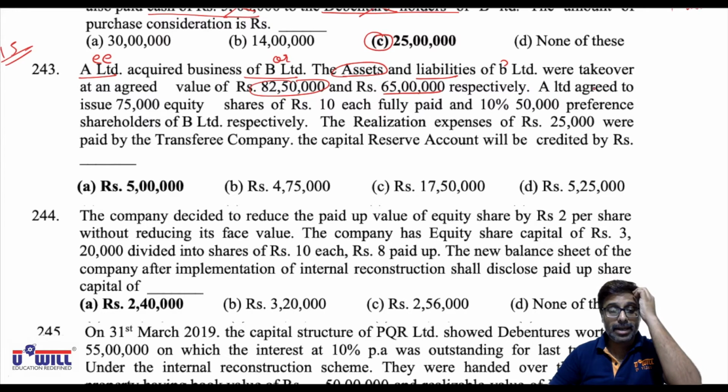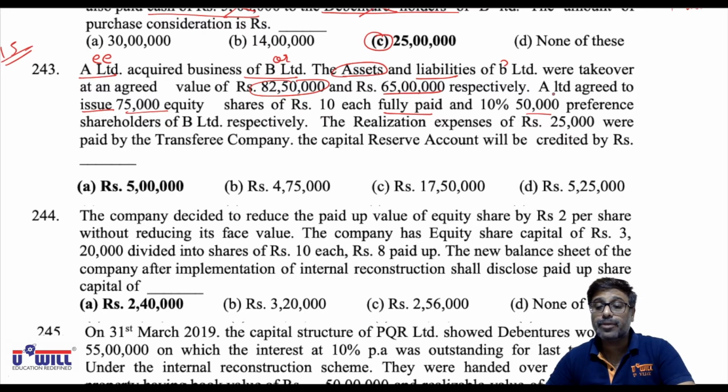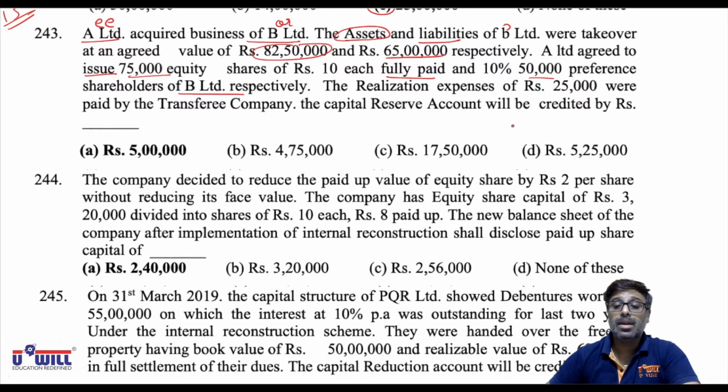A Limited agreed to issue 75,000 equity shares of 10 each fully paid up and 10% preference shares, 50,000 preference shares of rupees 10 each, to the shareholders of B Limited respectively. Make the correction, 50,000 preference shares of rupees 10 each.